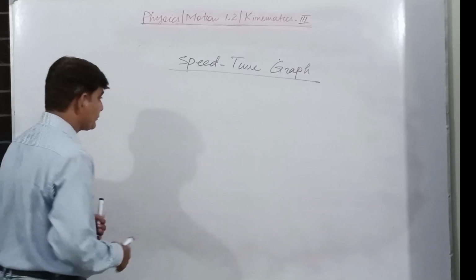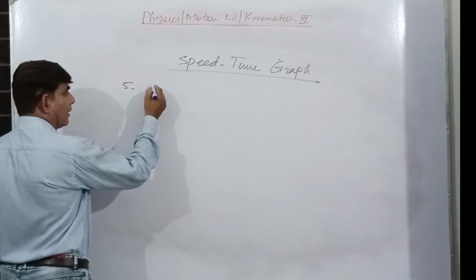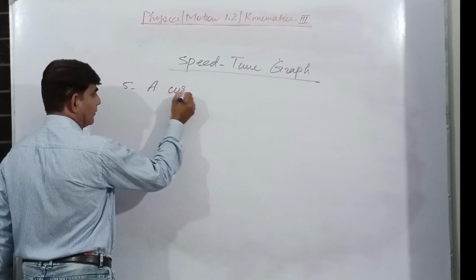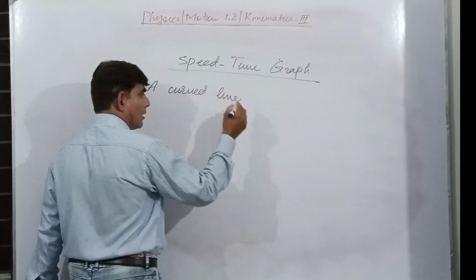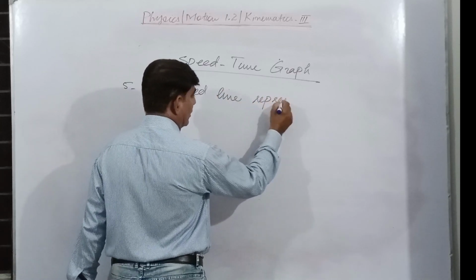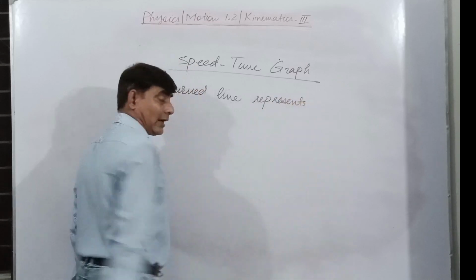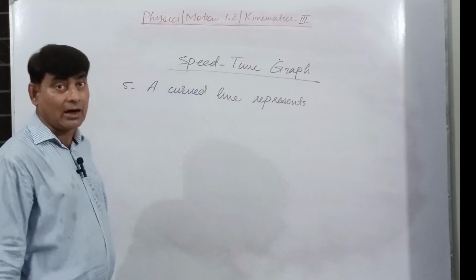This is point number 5. A curved line represents, okay, now we are working on the speed time graph.